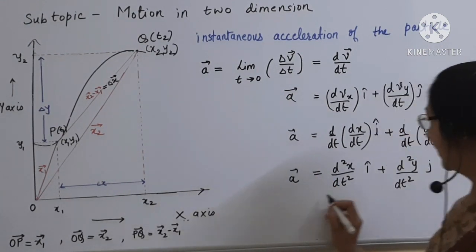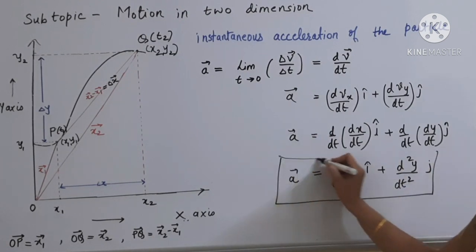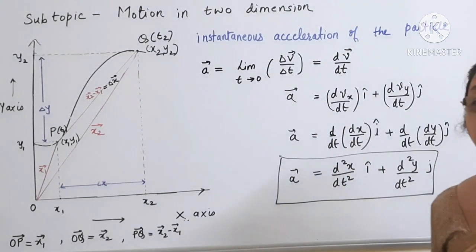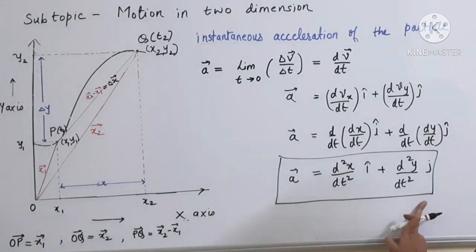So in this way we have found out the instantaneous acceleration of the particle which is moving in two-dimensional motion. This is the instantaneous acceleration.